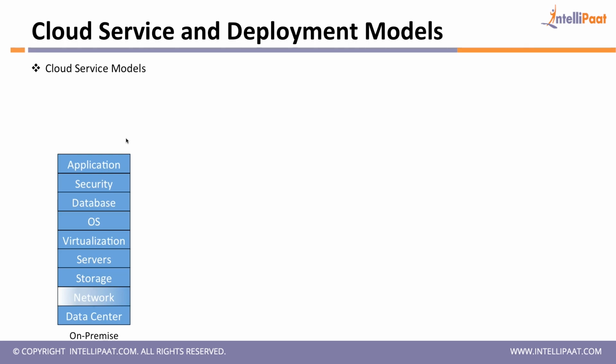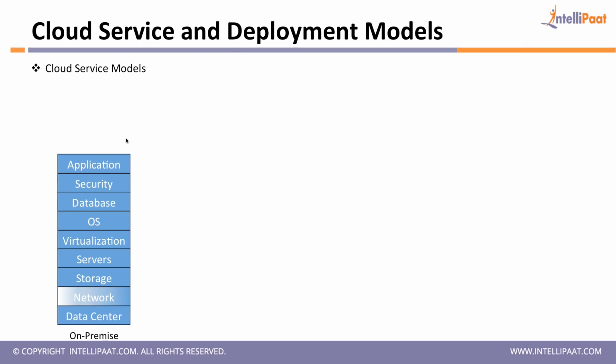So the network is maintained by the organization as well as a third-party vendor, but for the rest, storage, server, virtualization, operating system, database, application, security, everything is controlled and managed by the organization itself.